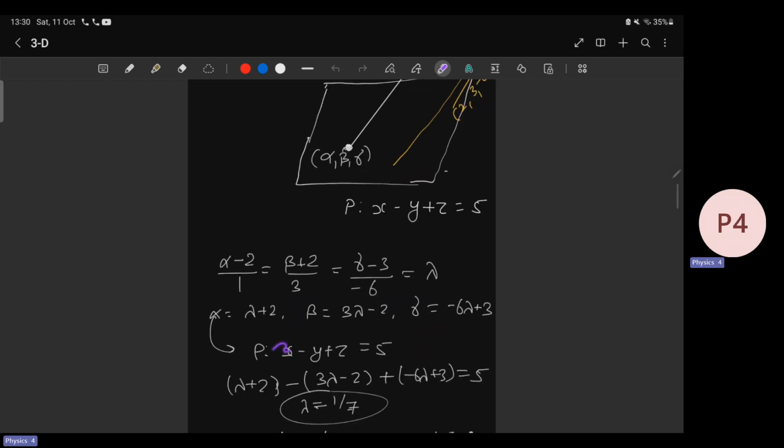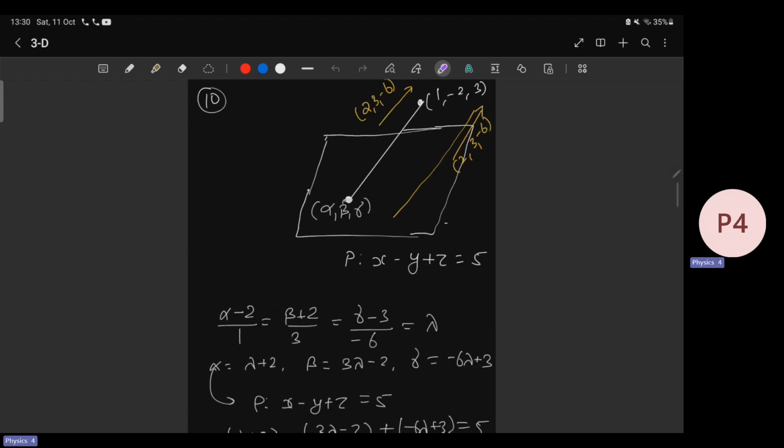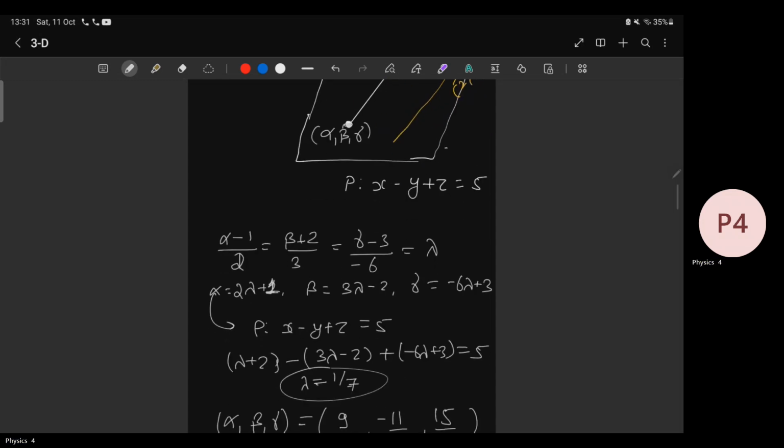Now from here we will get alpha minus 1 upon 2 equals lambda. Now alpha will be 2 lambda plus 1, beta plus 2 by 3 equals lambda.